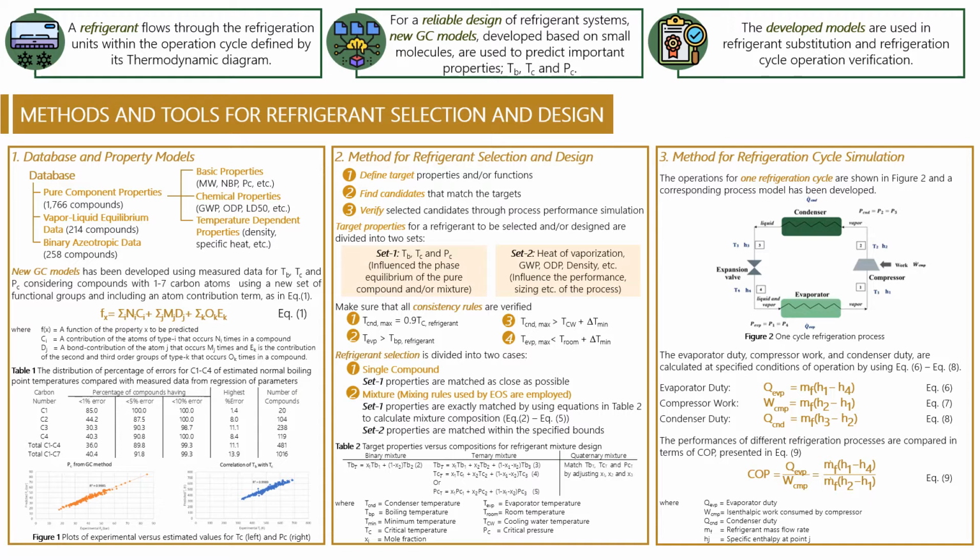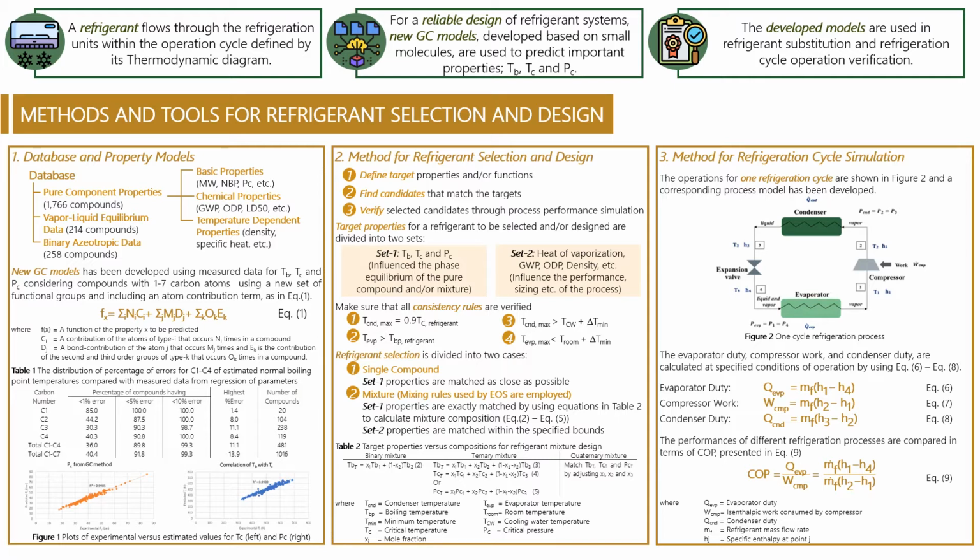Table 1 presents the distribution of percentage of error for C1 to C4 of estimated normal boiling point temperature compared with measured data from regression of parameters. The boiling temperature of each compound is calculated with the regressed parameters and compared with measured data. 85% of C1 compounds have less than 1% relative error.